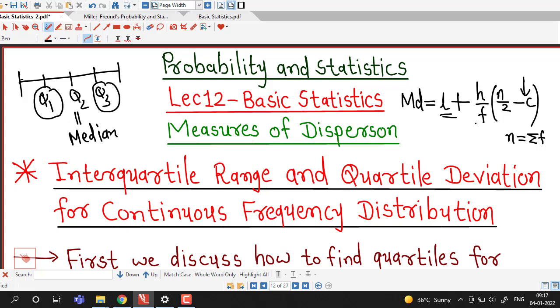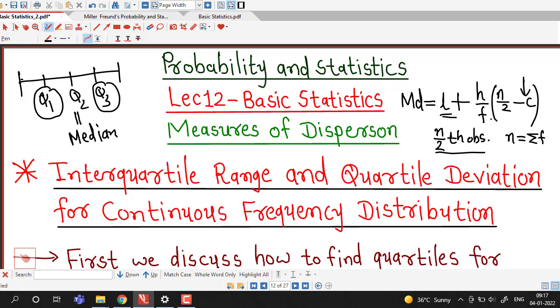To find the median class, we find which class contains the N by 2th observation, using the cumulative frequencies.